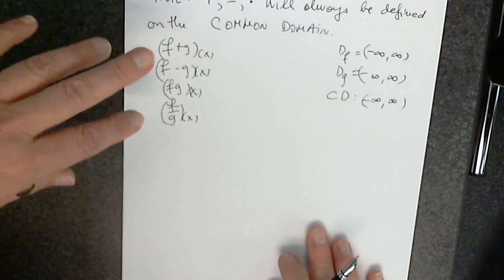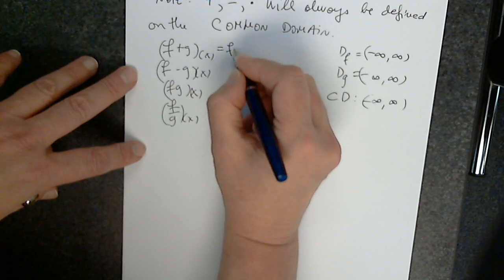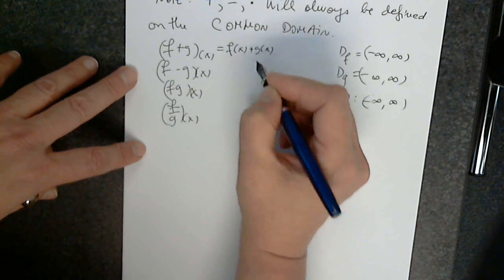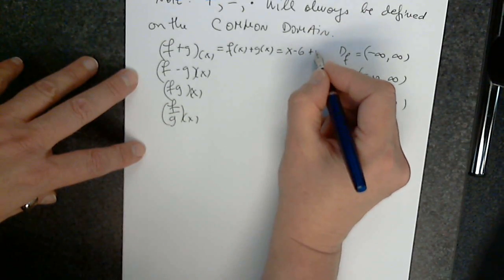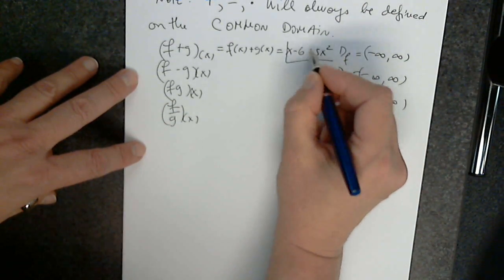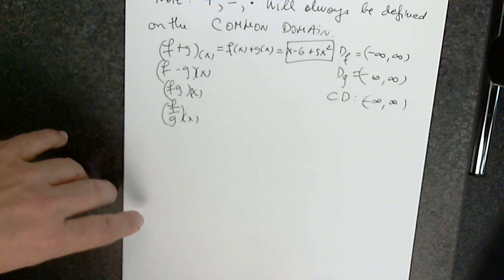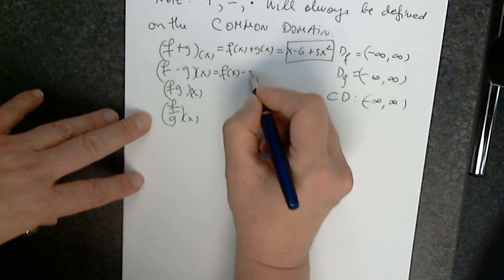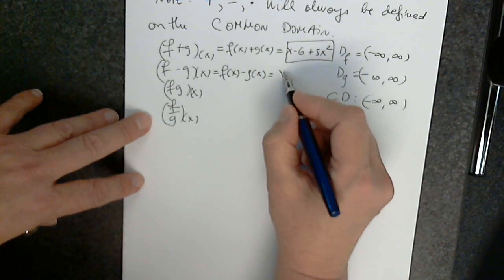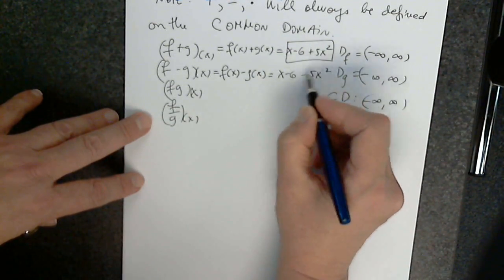So now I can go ahead and write, I have to write the definition as f of x plus g of x, and then just put them in. x minus 6 plus 5x squared, and this is it. I created a new function by adding two other functions. Same thing with f minus g. I write f of x minus g of x. I write x minus 6 minus 5x squared.